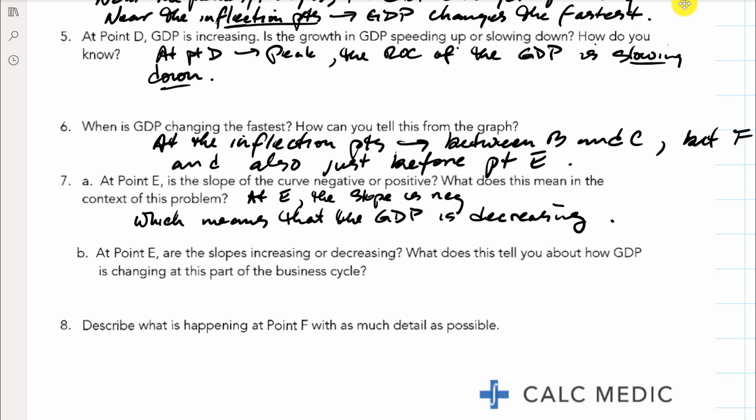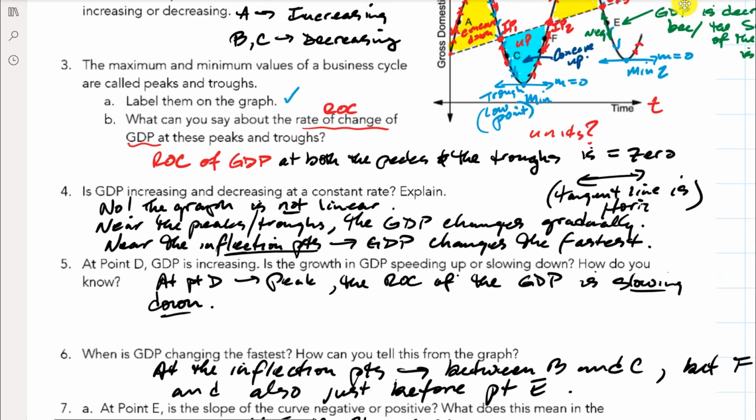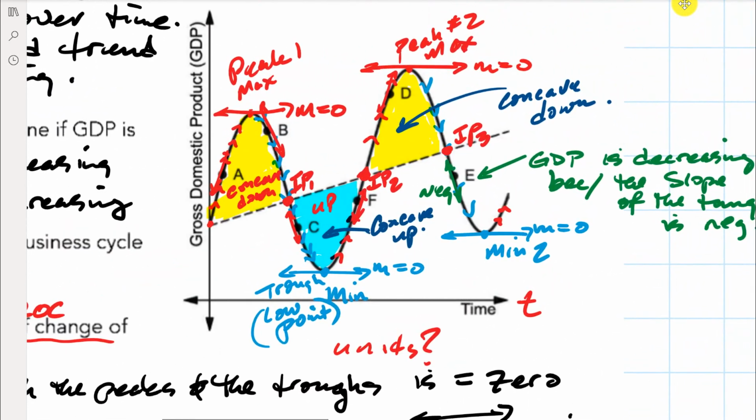What does this tell you about how GDP is changing at this part of the business cycle? So let's go back up to the graph here. We're dealing with point E. Let's zoom in here. Notice that I already drew the tangent line at E. I want to draw a few more here, so you can figure out what's going on with the GDP.